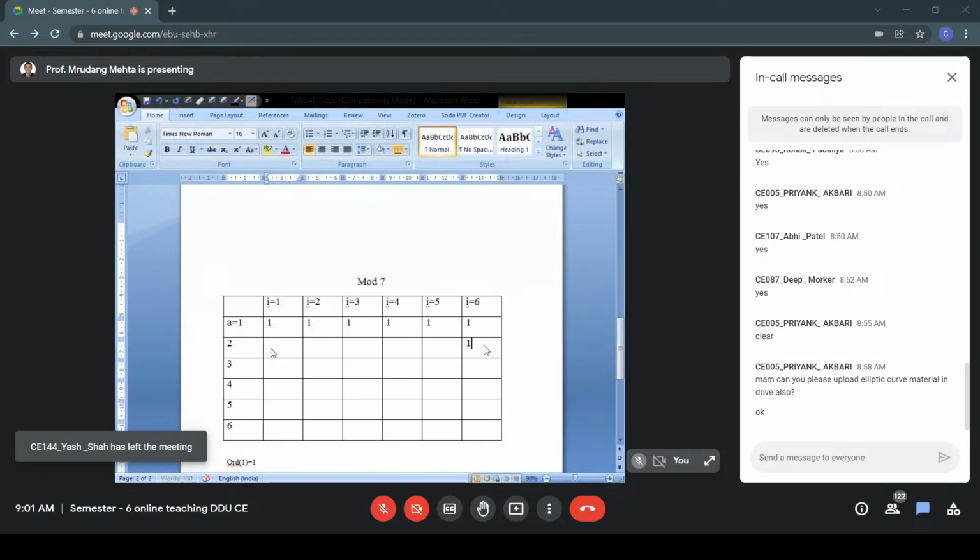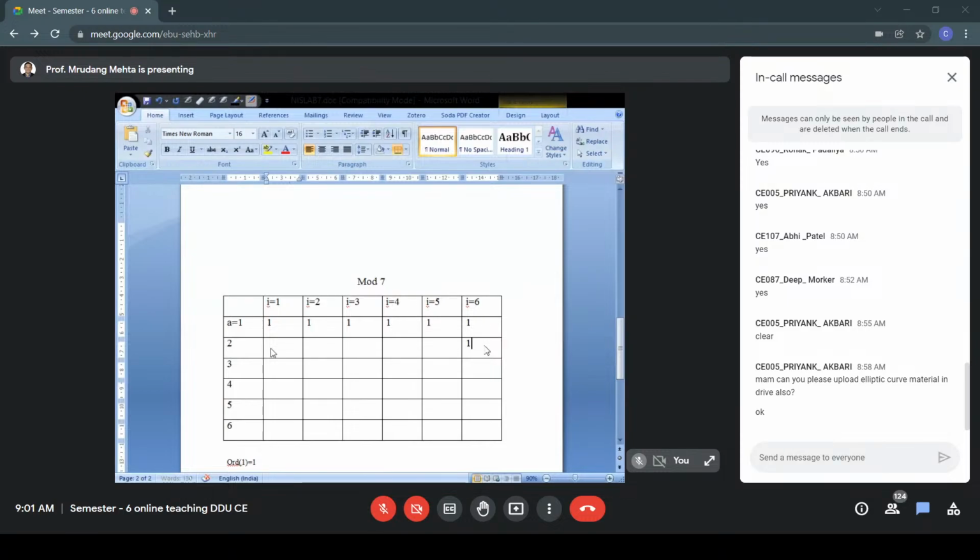So you can see that in the first and second rows, 1 appeared in the last column, for i equal to 6. But in both cases, 1 appeared earlier also. So this is the observation to remember for calculation of the primitive root. Now we consider the third element, that is a equal to 3.